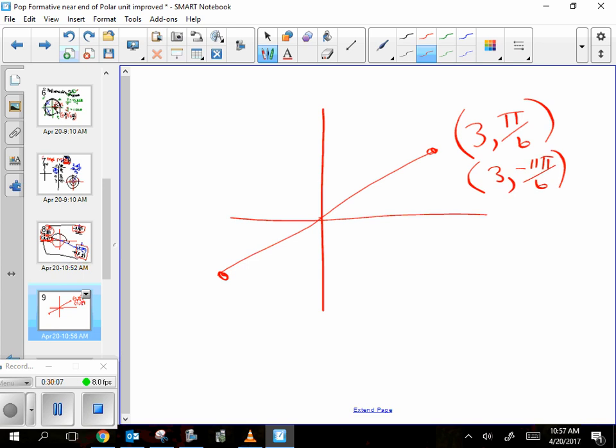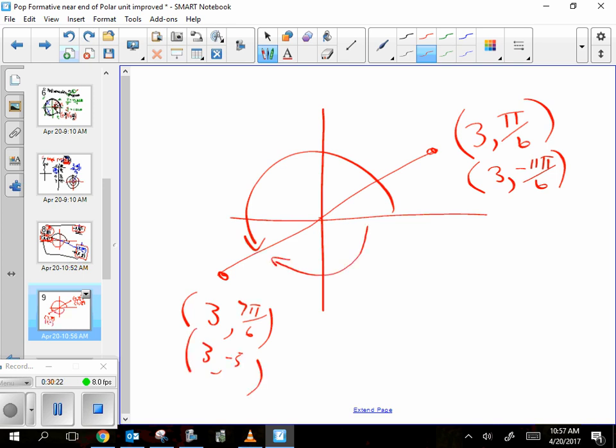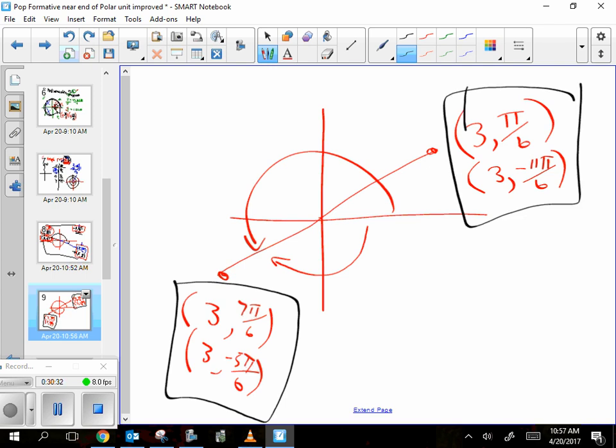And I can give two names for this point. That's 3 comma positive angle, 7 pi over 6, and 3 comma a negative angle, negative 5 pi over 6. Then, if I was asked for 4 names for this point, I'd say these 2 points plus these 2 with negatives on them. You know what I mean?